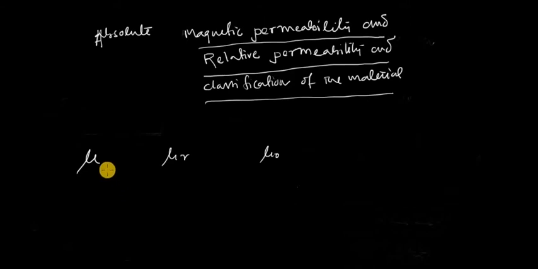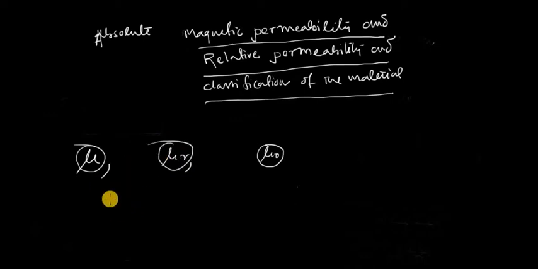This is the absolute permeability of the magnetic material. This is the relative permeability of the magnetic material with respect to the air medium; this is the air medium, this is the magnetic medium, and this is the relative permeability.